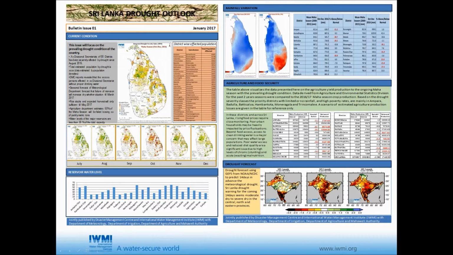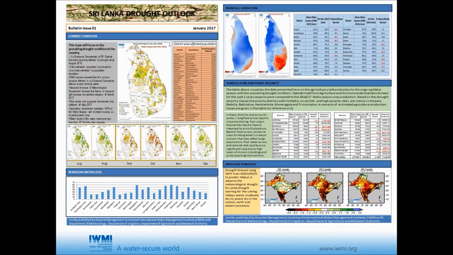And last but not least, we are also providing drought forecast information, to see how the drought situation is going to prevail over the coming two to three weeks in those districts where drought severity has already been reported. If you look at the early slides, what I presented is how we can develop the methodology to derive a better drought product, and how we could validate it and see what accuracy it has.